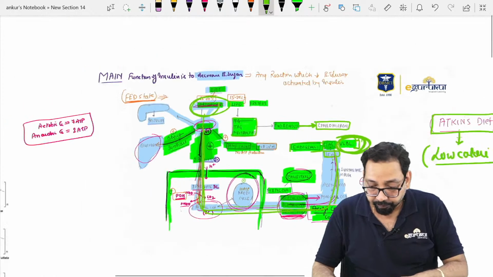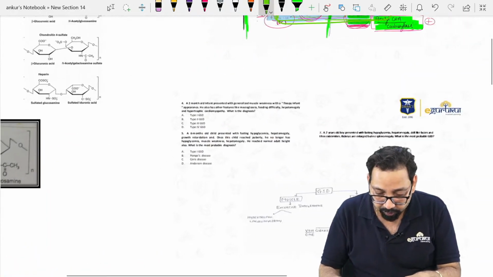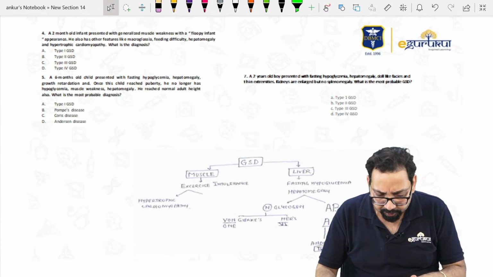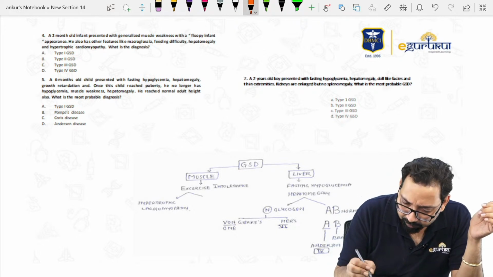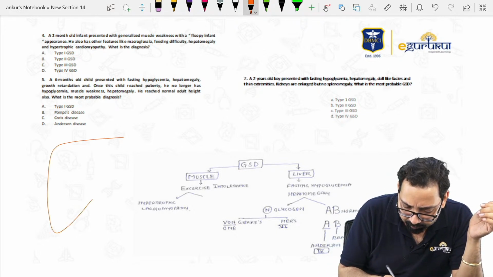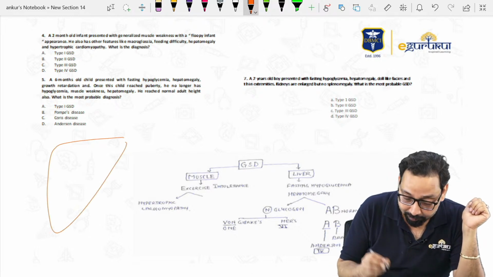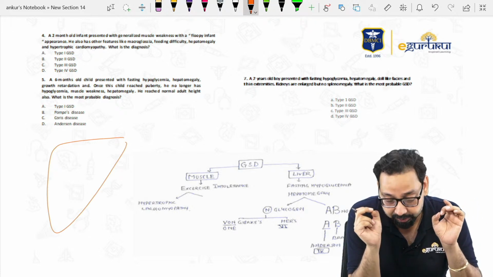Now let me discuss glycogen storage disease. Glycogen is stored in liver, and in glycogen storage disease, two types may be there.